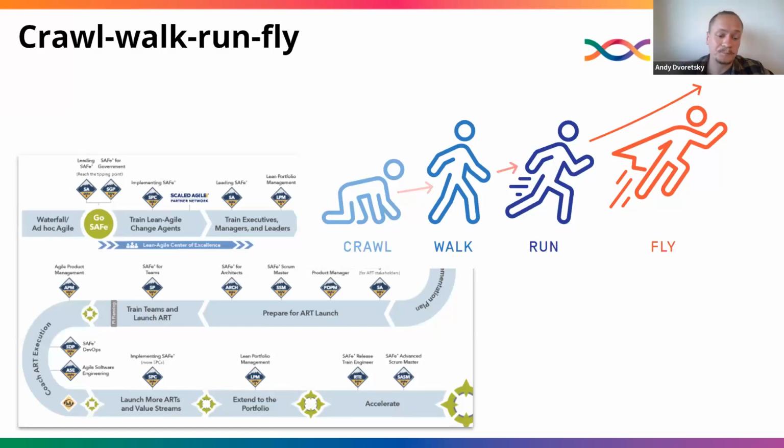The first thing: the roadmap itself looks pretty straightforward. We prepare for our launch, we train teams, we launch the Agile release train. But in real life, usually it's not so easy. And usually we have a few iterations to properly launch the Agile release train, right?